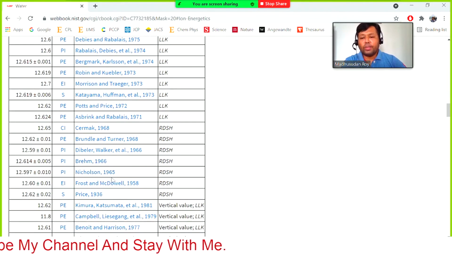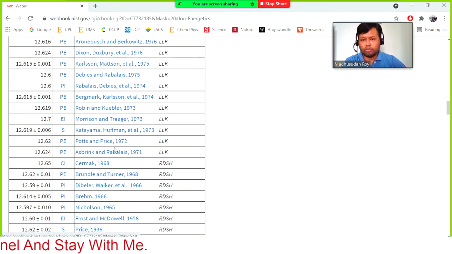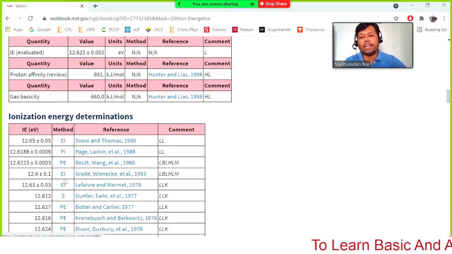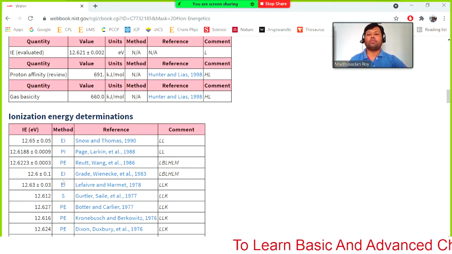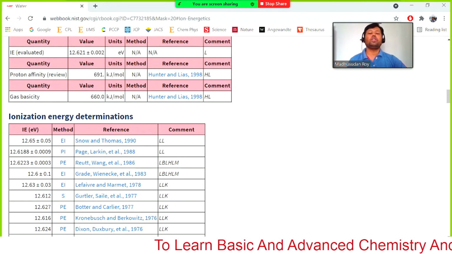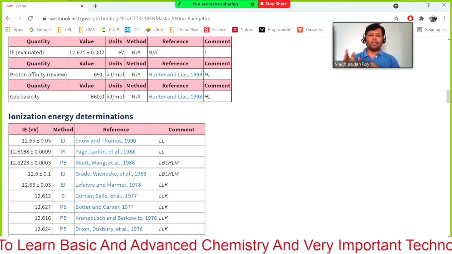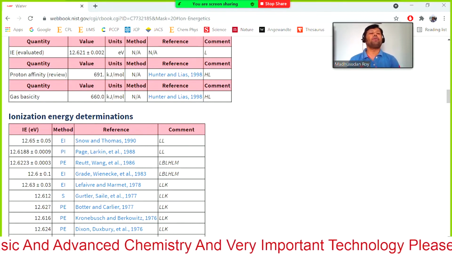So different people used different methods: electron ionization, photoionization, photoelectron affinity, and electron ionization. Different people have performed the experiment with different methods, so they are getting different results. This is their experimental error, so we are getting within the experimental error.